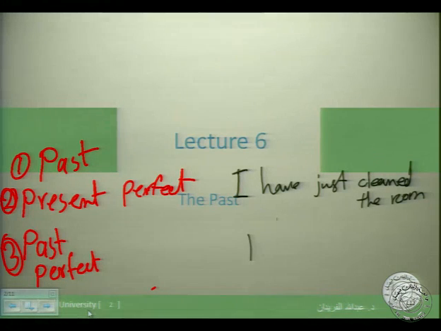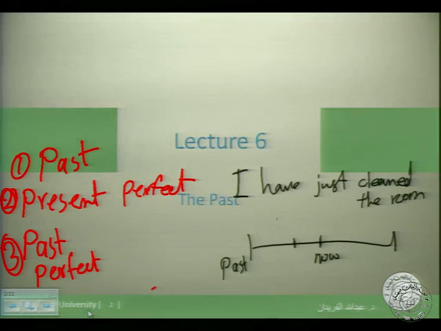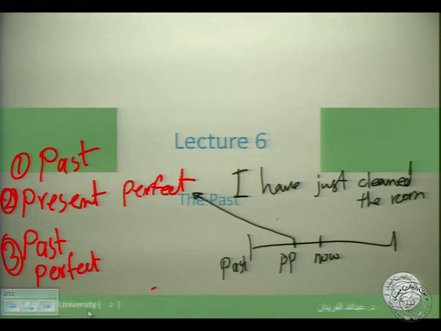So if we draw the timeline, I would say it is now, and this is the past. Here is the present perfect, something close to the present time. This is why we call it present perfect.